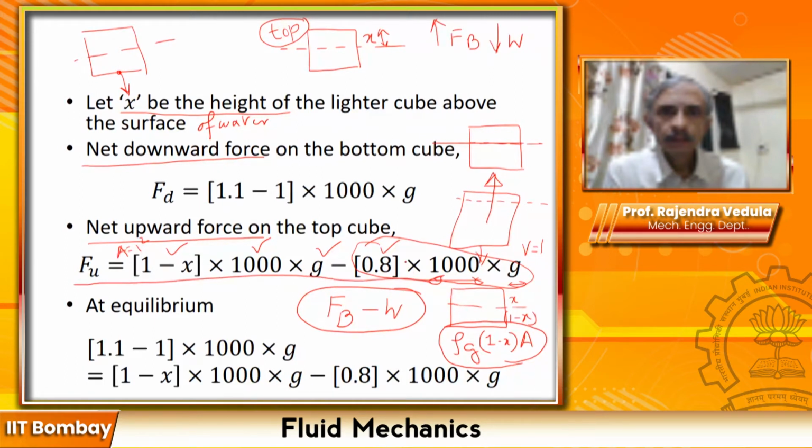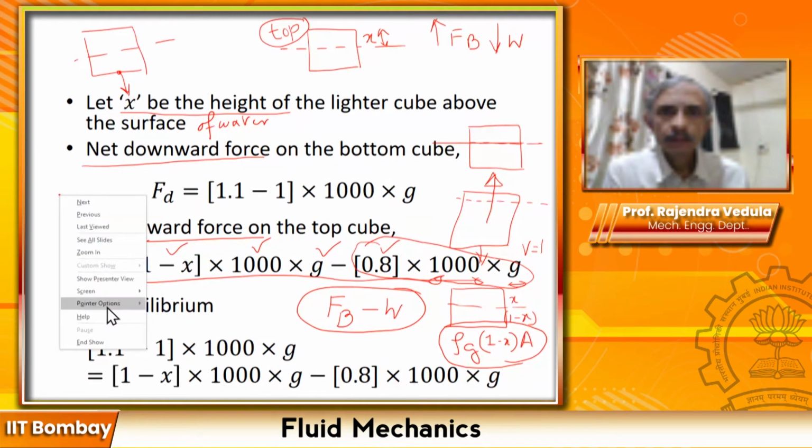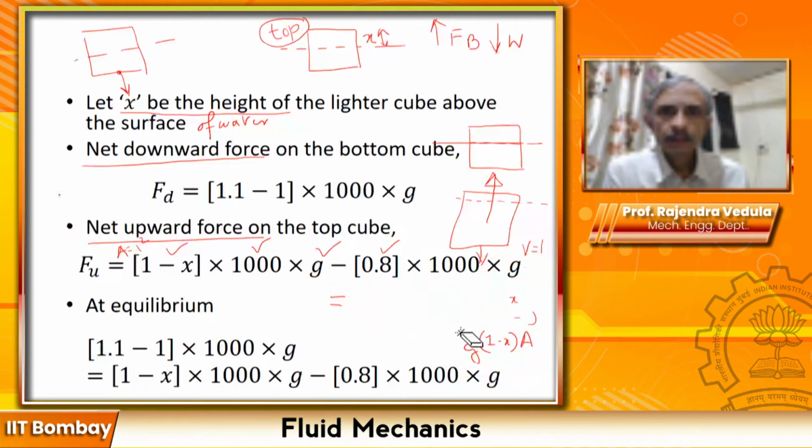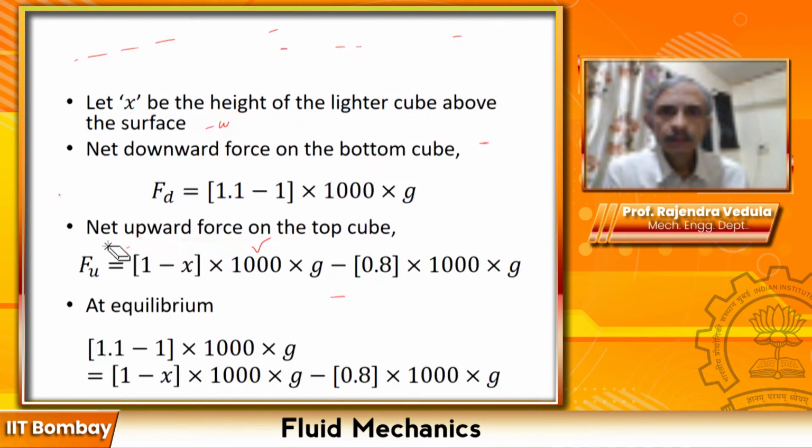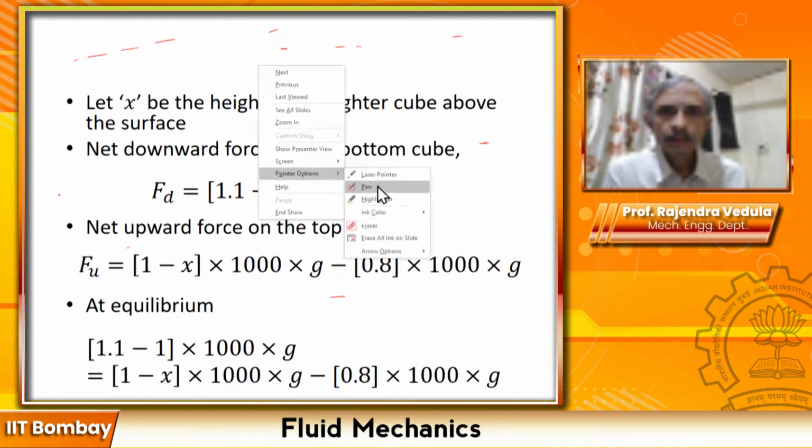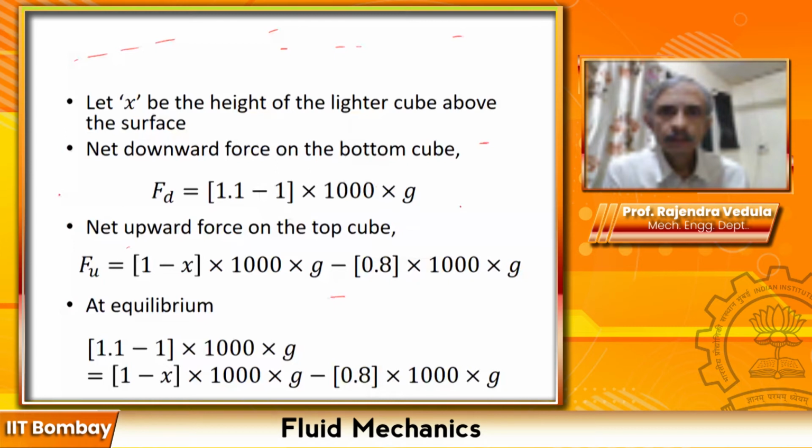What about the net downward force on the bottom cube? The net downward force, so the bottom cube is there. What are the forces that are going to be acting on the bottom cube now? Okay. So I have got a bottom cube now. I've got this fellow who is sitting in the bottom here.